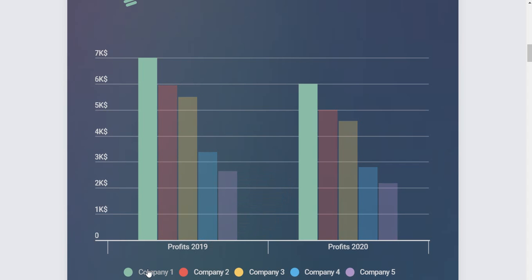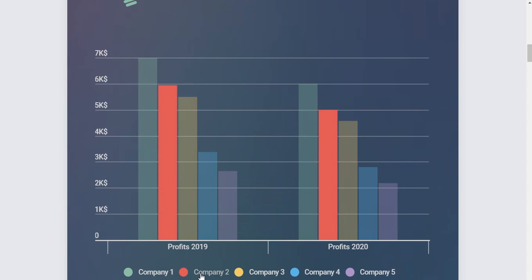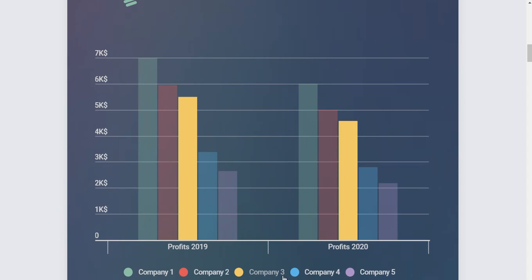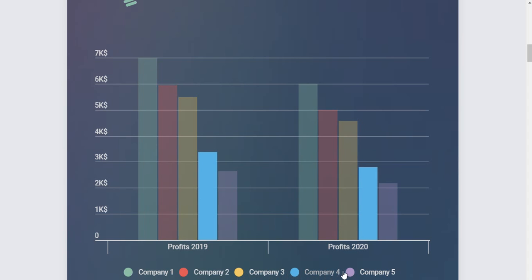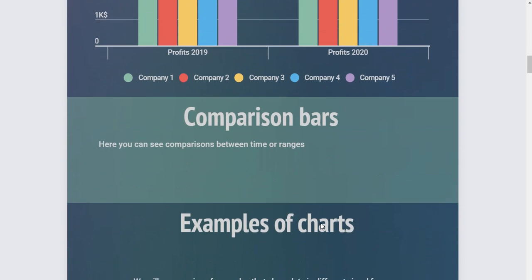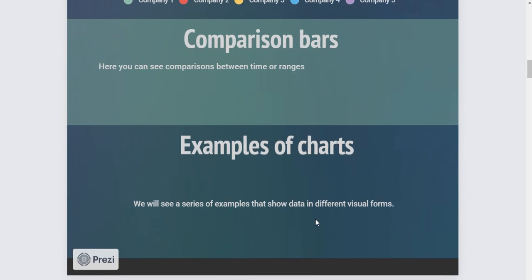And if you replace this information for names, then it will be more clear. This is a very useful chart whenever you have to use a financial dashboard to prove a point. These are comparison bars. Here you can see comparisons between time or ranges.